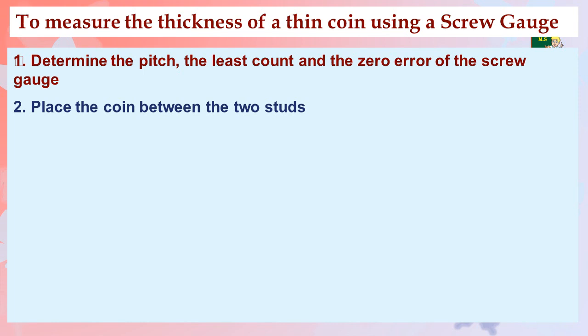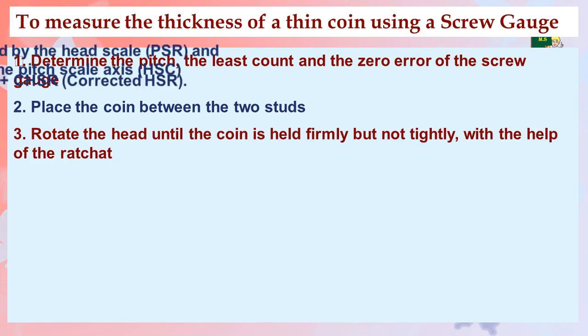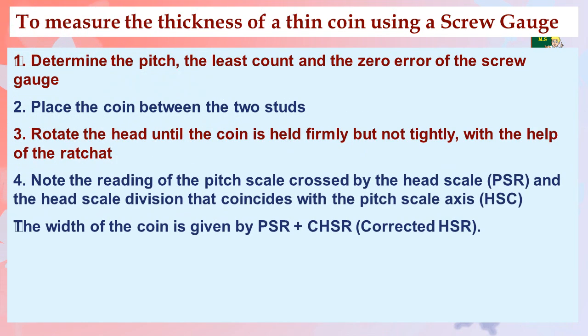Second, we have to place the coin between the two studs which you saw in the last class. Third, you have to rotate the head until the coin is held firmly but not tightly with the help of the ratchet. Then note the reading of the pitch scale which is crossed by the head scale.